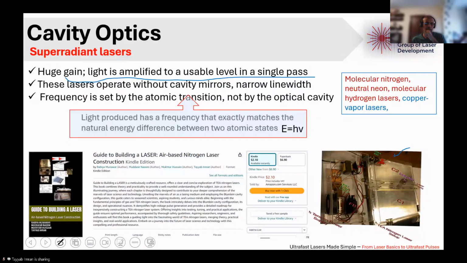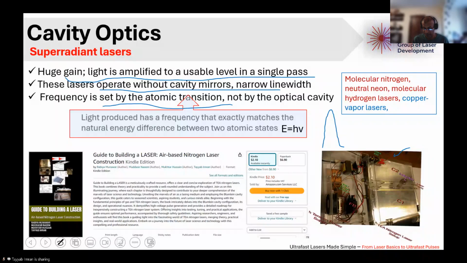These lasers operate without cavity mirrors. They have a narrow line width, a very narrow spectrum. And the output wavelength is set by the atomic transition, not by the optical cavity.